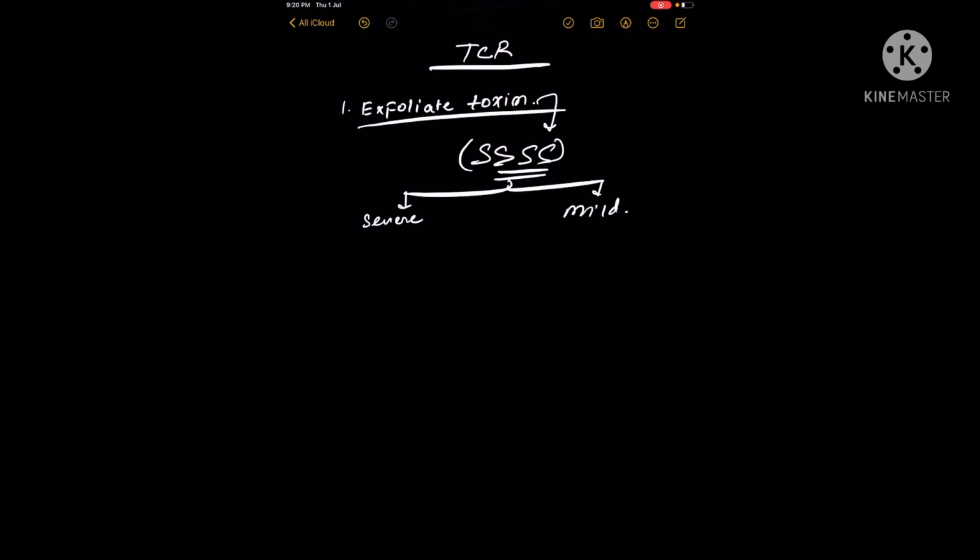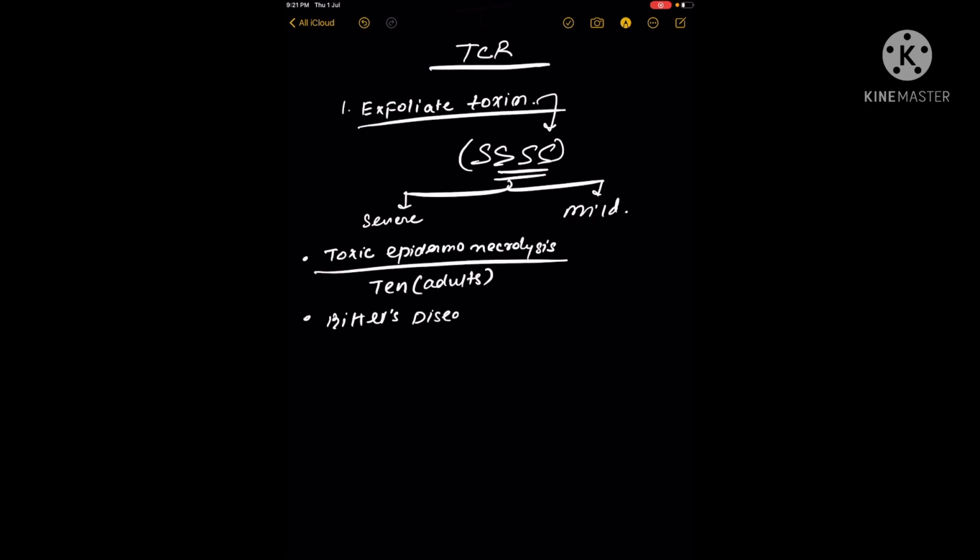In the severe form, there is toxic epidermal necrolysis, and this occurs in adults, and in children we call it Ritter's disease.